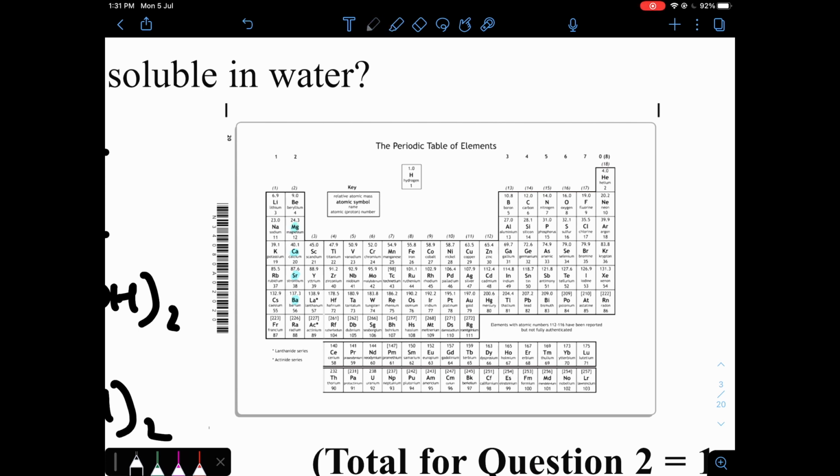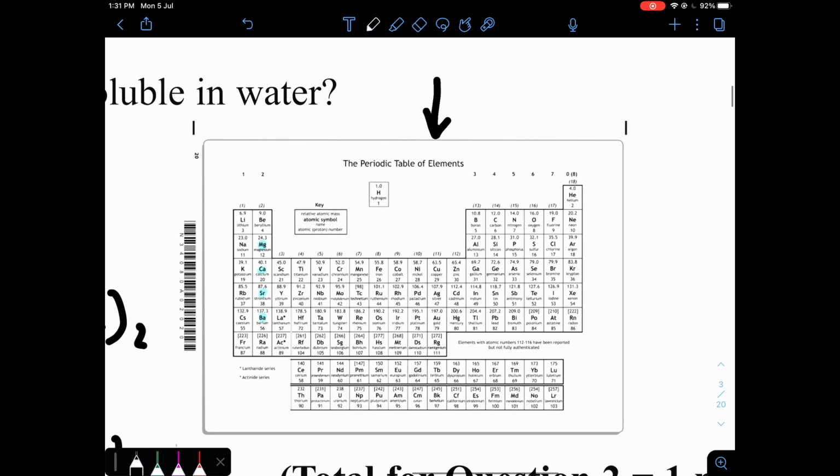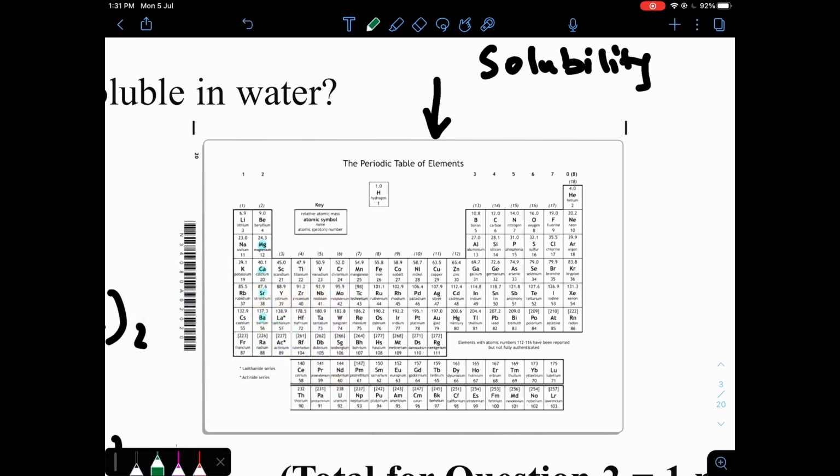So we're going down the group, right? What happens to the solubility of these hydroxides as we go down the group? We know that the solubility increases down the group.